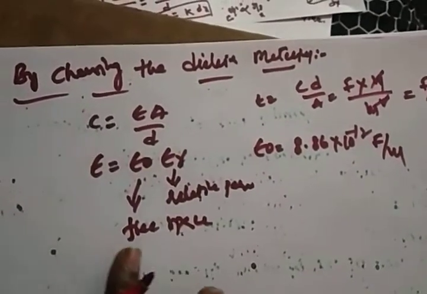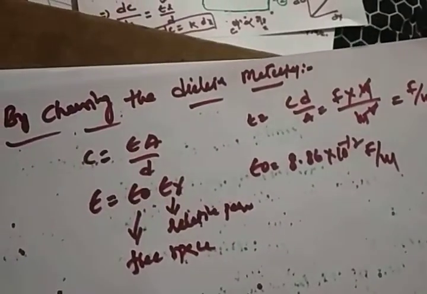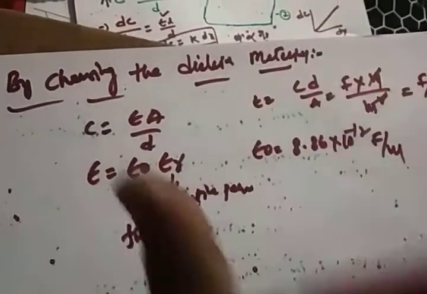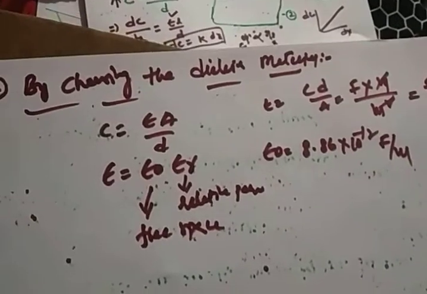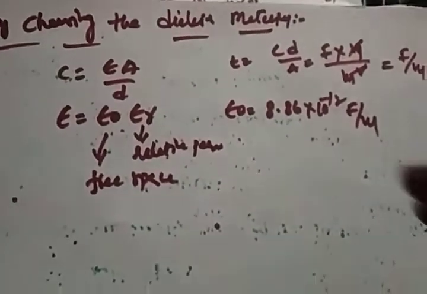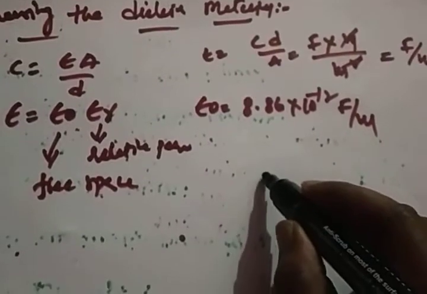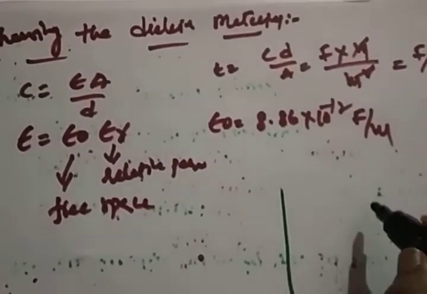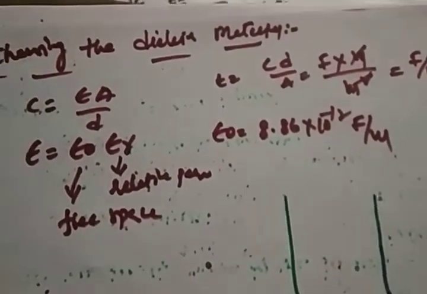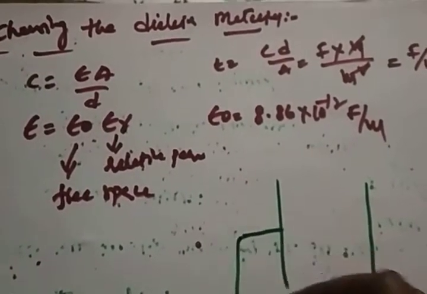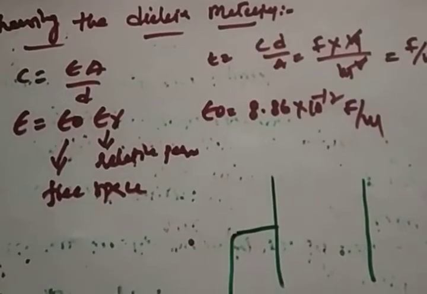This is actually the permeability of a dielectric material. Now what happened? You are changing your permeability, so the capacitance will change. How will it change? You will see. You are applying a voltage here.